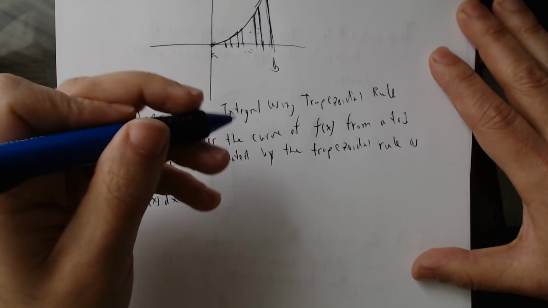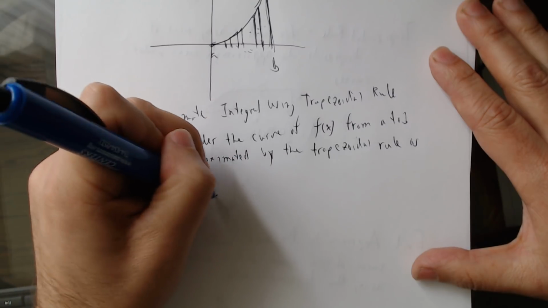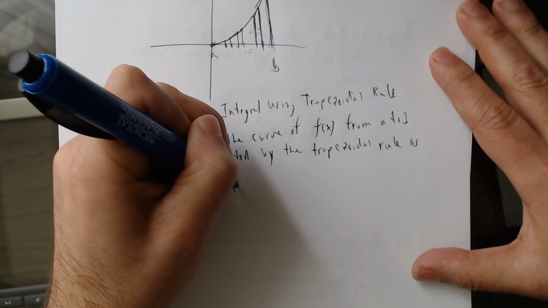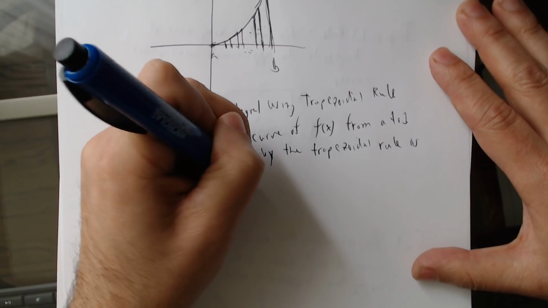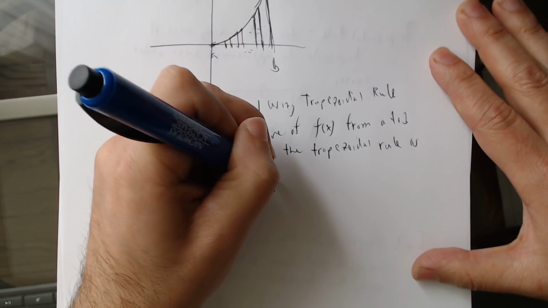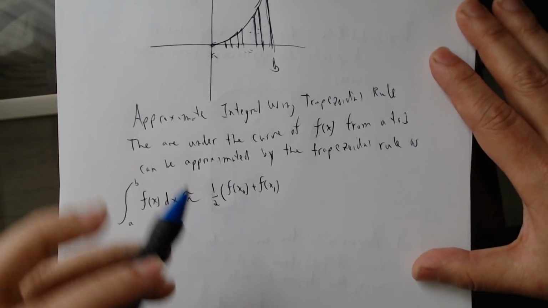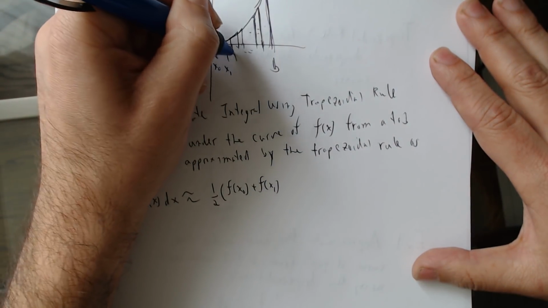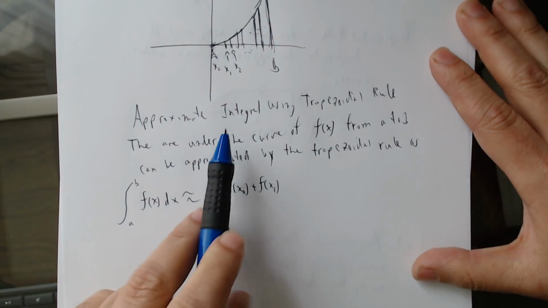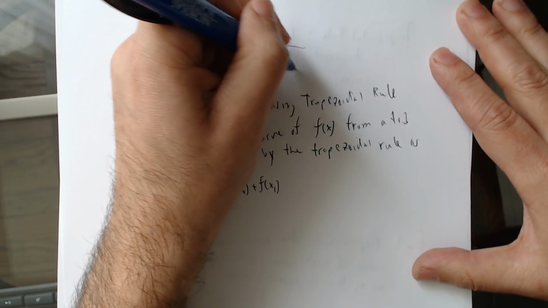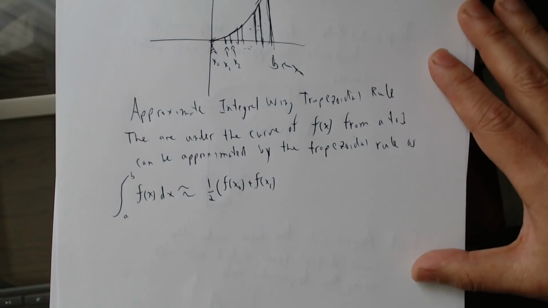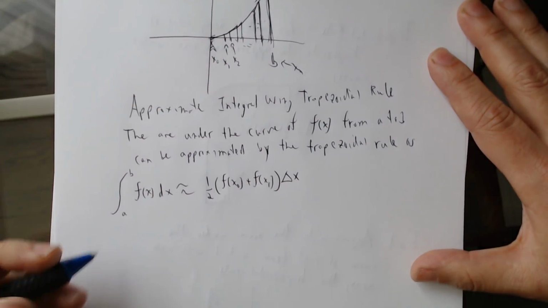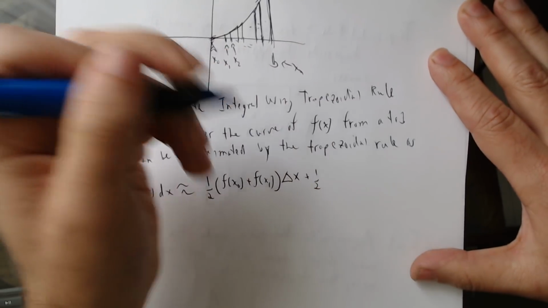equal to 1/2 times base 1, which would be f of x sub 0, plus f of x sub 1. And these are basically our partitions, right? Because that would be x sub 0, that would be x sub 1, x sub 2, and all the way to x sub n. Times delta x plus 1/2.